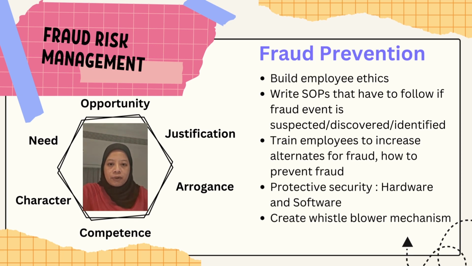We also understood how to prevent fraud by building employee ethics, writing SOPs that have to be followed if a fraud event is suspected or discovered, and training employees to increase awareness of fraud and how to prevent it. There is also protective security in hardware and software, and creating a whistleblower mechanism.